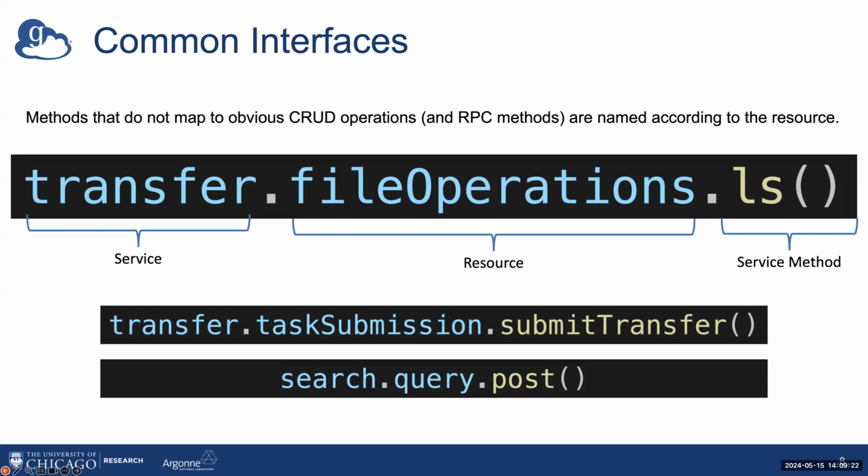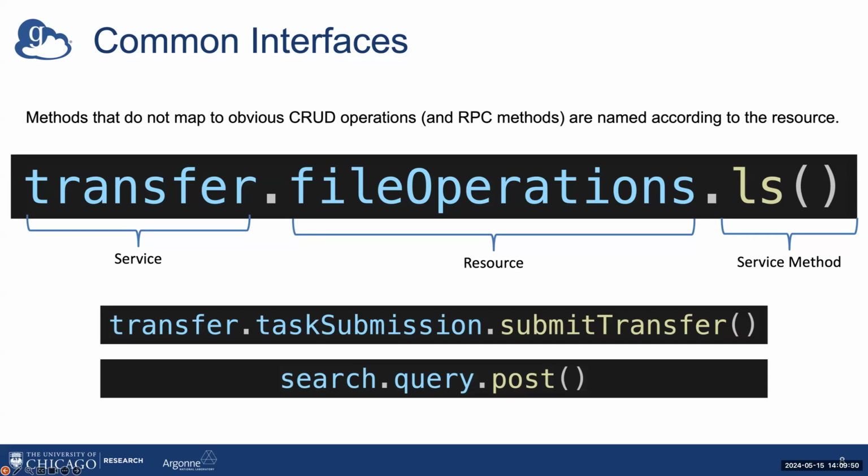So a good example of this is ls. I believe the ls call winds up making a get under the hood, but the way that you would interact with that within the SDK is transfer file operations ls. Another good example would be make dir. This is a very specific operation in transfer. So the idea is that you can use the same structure of transfer file operations make dir to reflect that RPC-like method.